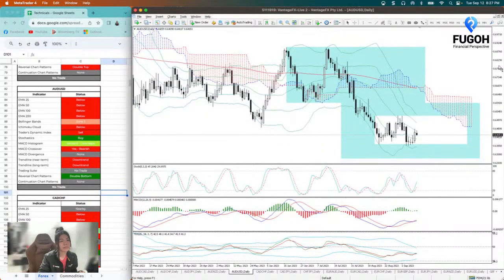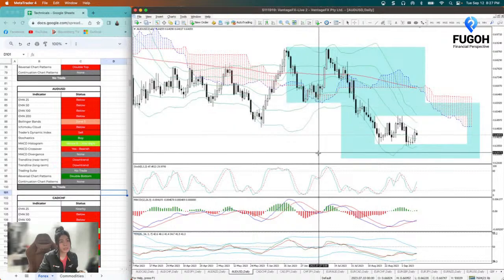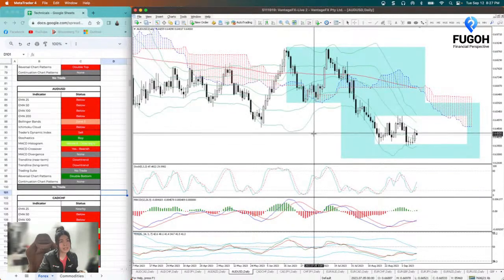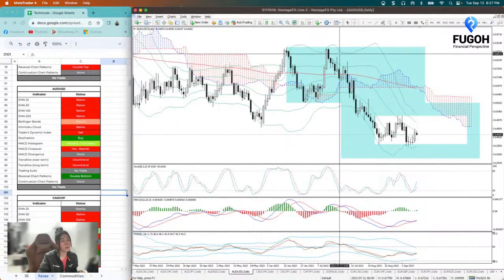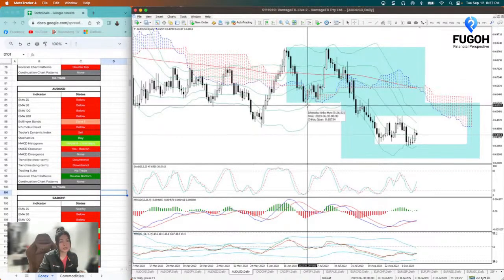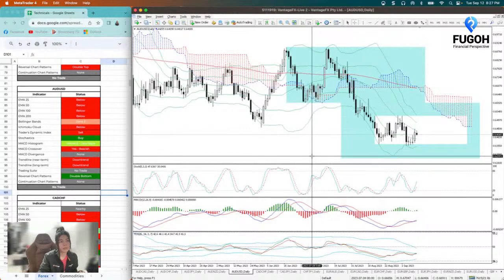Not yet. Our entry is supposedly somewhere here, and your take profit is supposedly somewhere here. Since the price is in the middle, we don't want to trade there. So not yet. But if you have sold somewhere here, your take profit should be somewhere around this area.